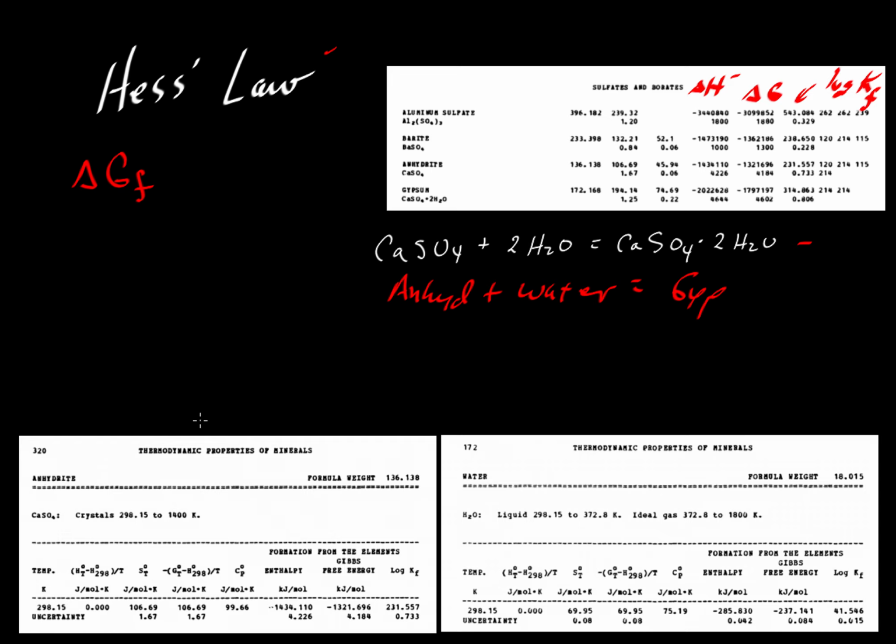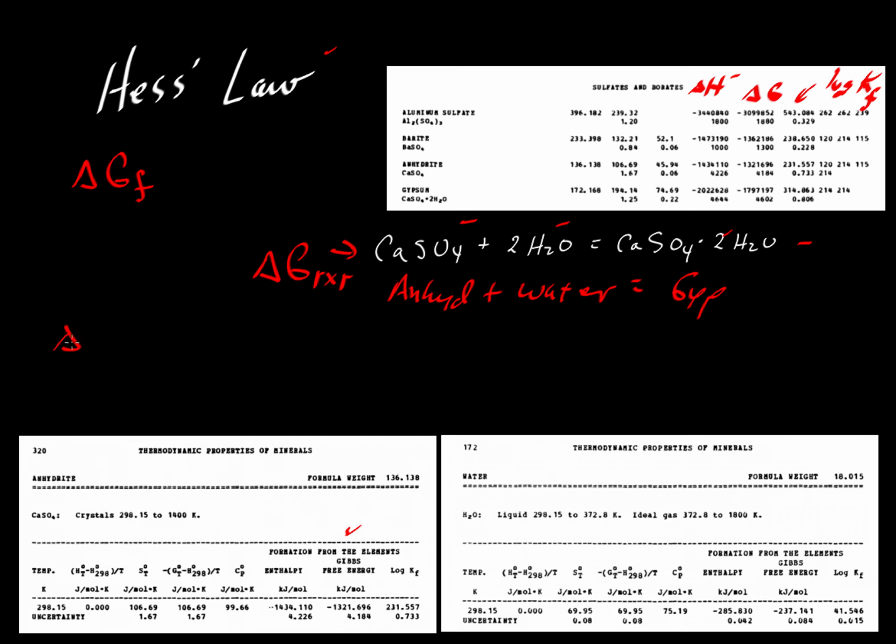Hess's law says that if we are looking at the formation of elements for anhydrite, water, and gypsum, then we can combine those values of delta GF and then get the Gibbs free energy of reaction for this thing here. So what is that going to look like?